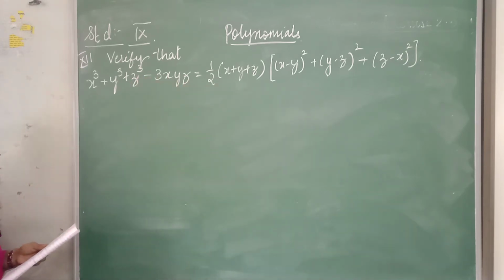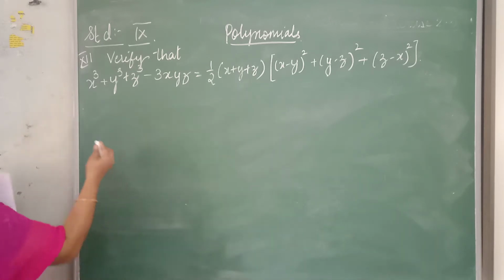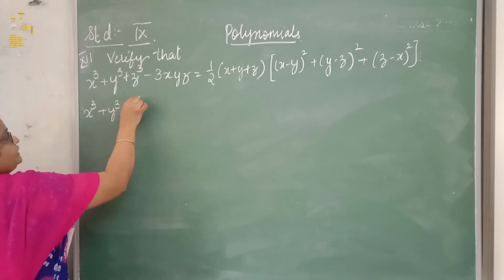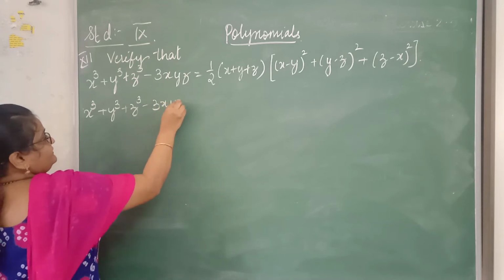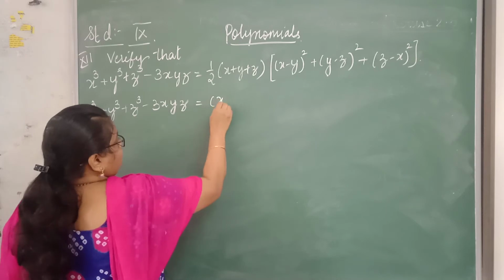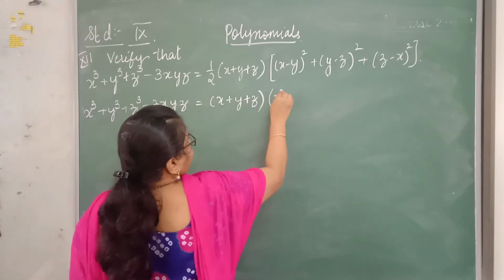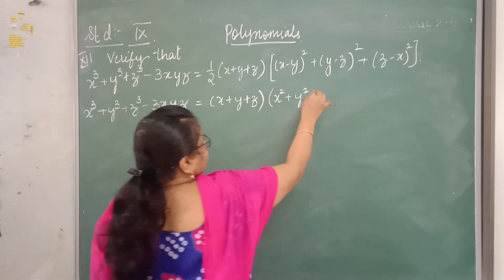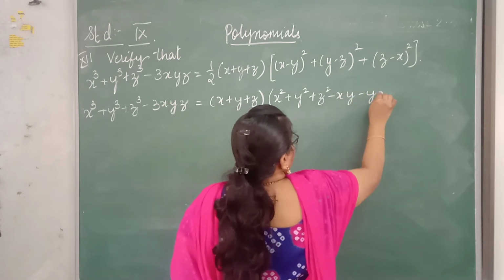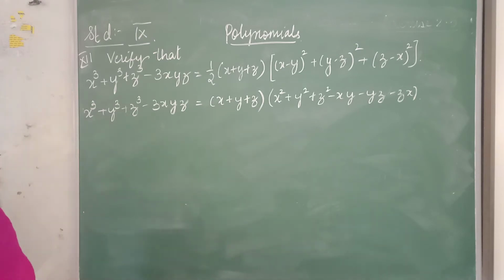So here in order to verify, I just go for taking the question as, write down the formula, that is x cube plus y cube plus z cube minus 3xyz. What we wrote as the identity in the last column, that is x plus y plus z into x square plus y square plus z square minus xy minus yz minus zx. So this is the identity what we are having.